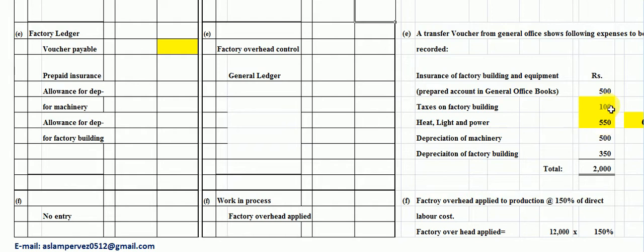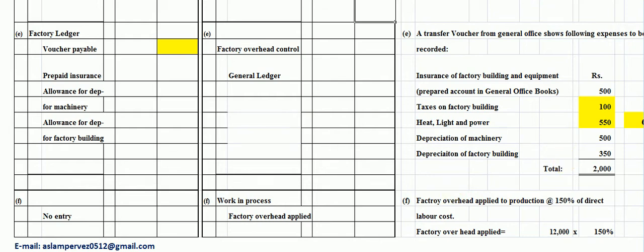This is the cash payment. For this payment, we have to prepare the voucher payable here. Depreciation is a non-cash item which is credited, and depreciation of machinery and depreciation of building here.